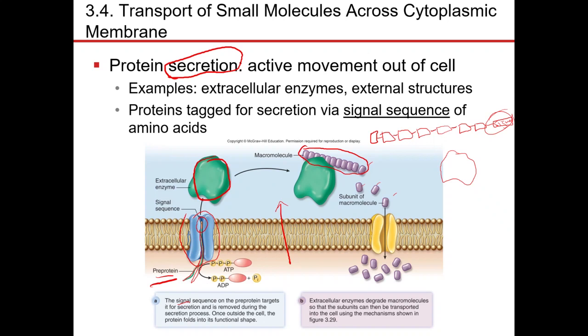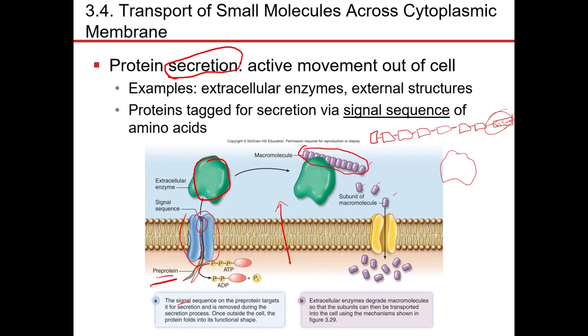It shouldn't fold inside the cell, because if it folds inside the cell, then the structure becomes too big for it to exit the cell. So the signal molecule makes sure that this pre-protein is sent out of the cell before it assumes its specific three-dimensional structure. That's what happens here for this green molecule.